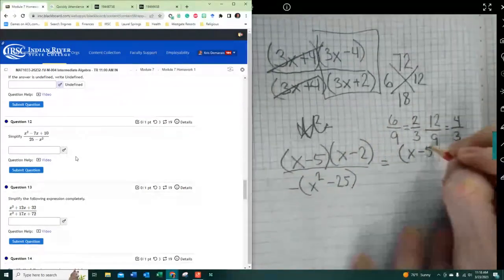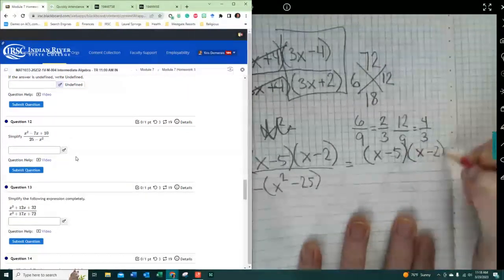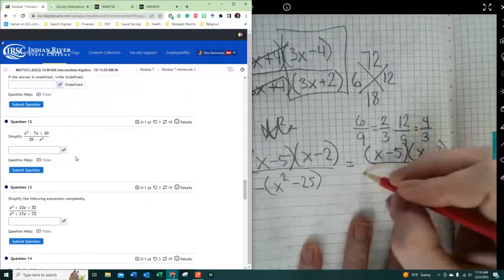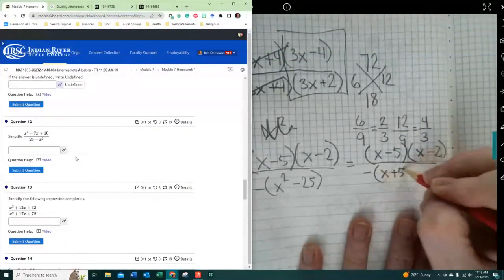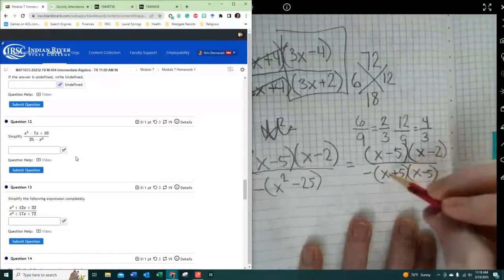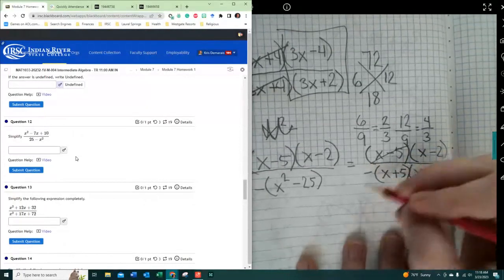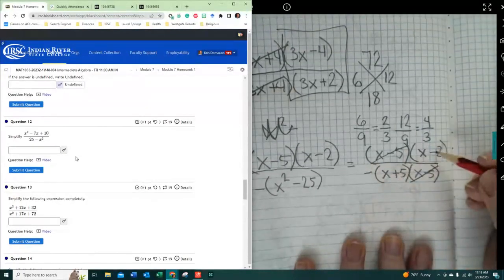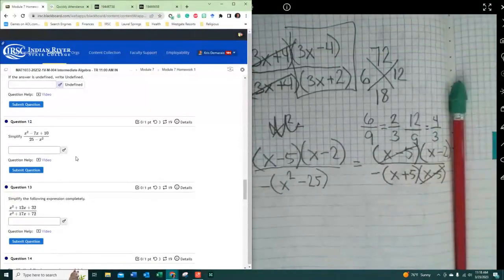It's the difference of two squares. So I'm going to write this down again, the numerator. And then I'm going to put that negative sign in front of this, but it's going to be x plus 5, x minus 5. Where these two cancel each other, leaving us with negative x minus 2 over x plus 5.